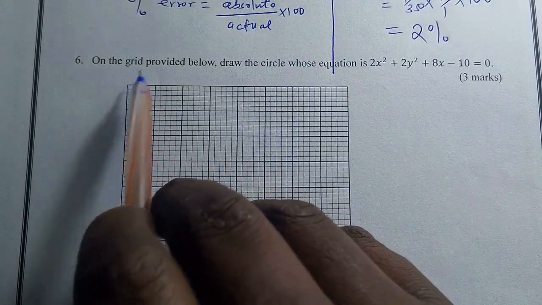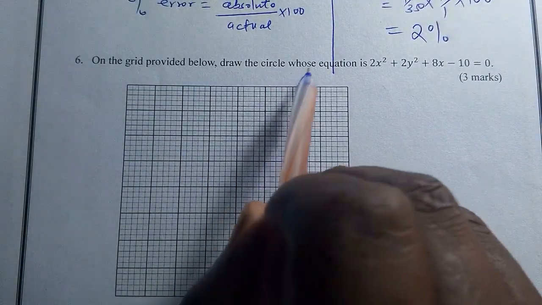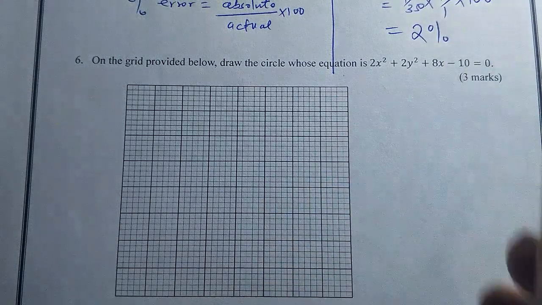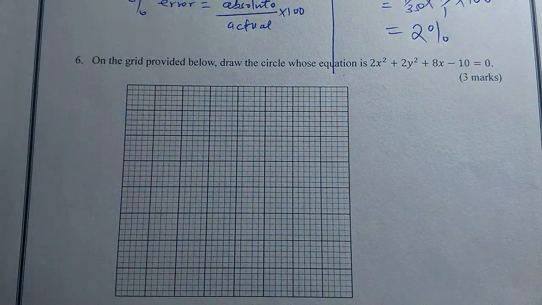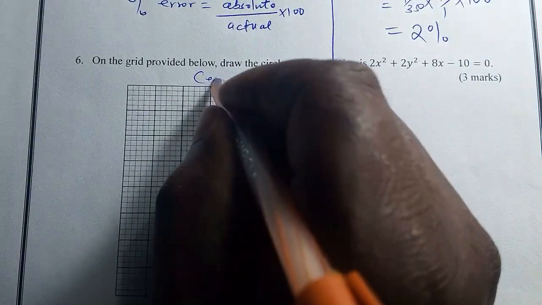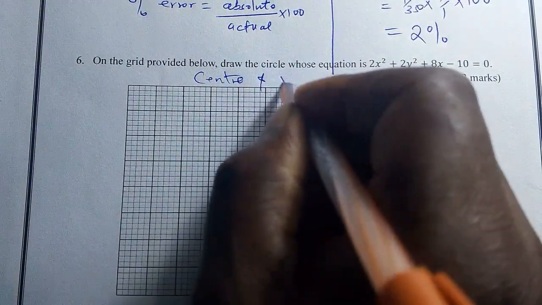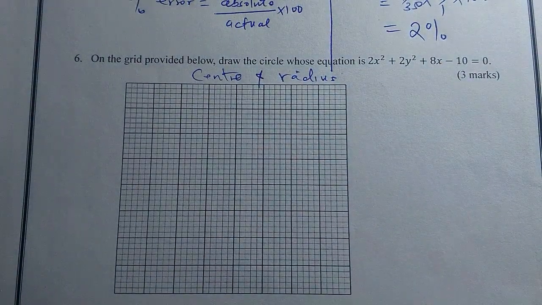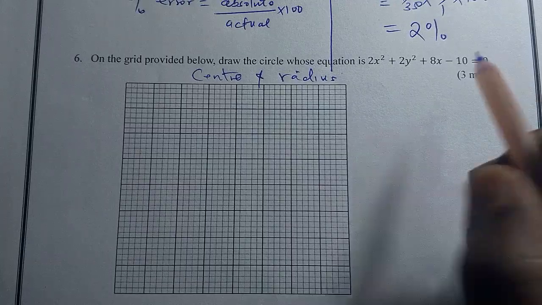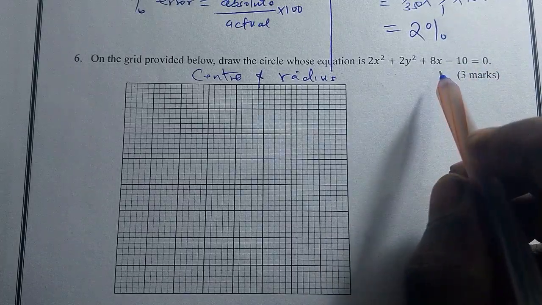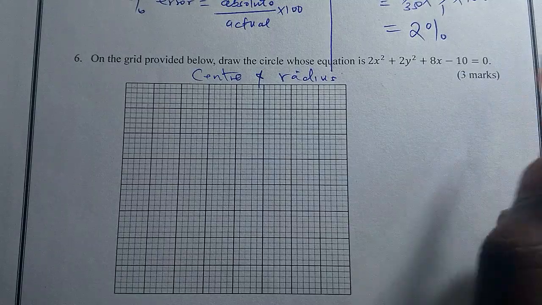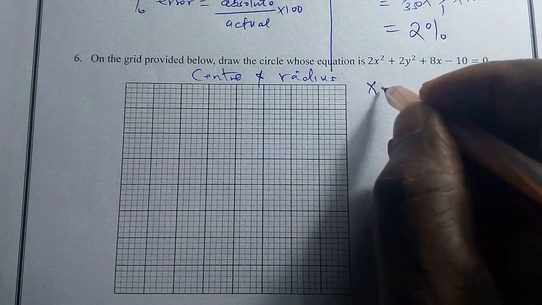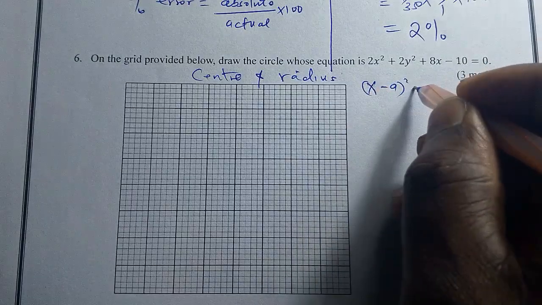On the grid provided below, draw the circle whose equation is this. For you to draw a circle, you need a center and you need the radius. So first you need to get this. This is an equation of a circle, which is in the form (x − a)² + (y − b)² = r².